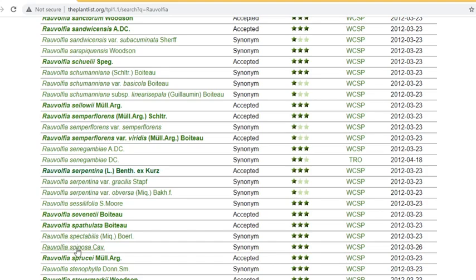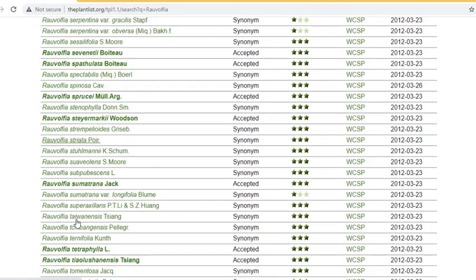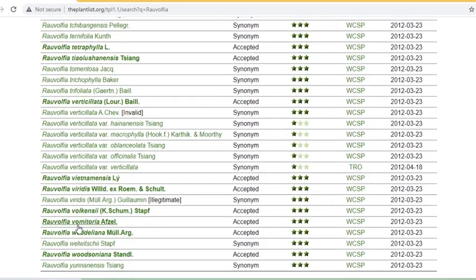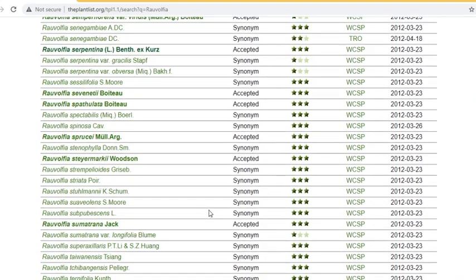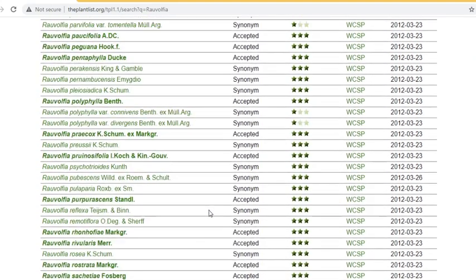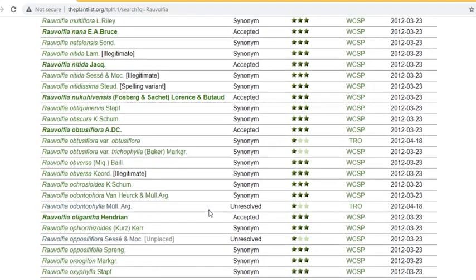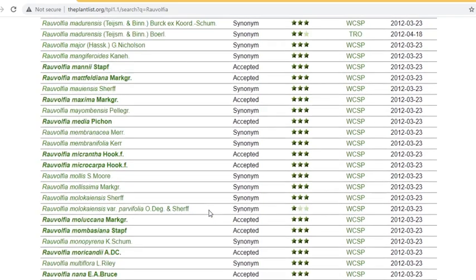So nowhere have you seen the other spelling. These are all accepted names or synonyms, which means the one we saw in the beginning of our presentation, where the spelling of Rauwolfia serpentina was written differently.